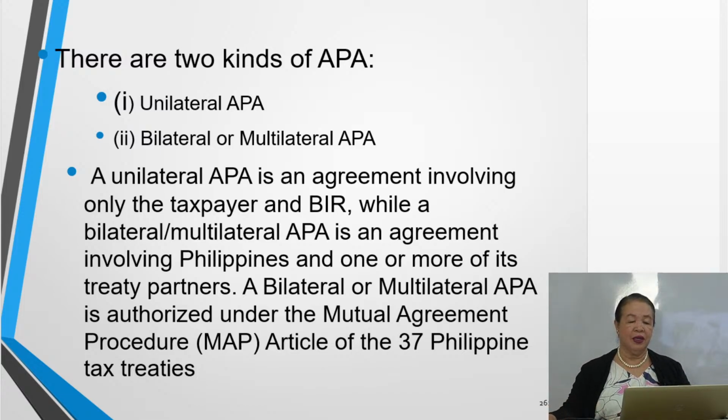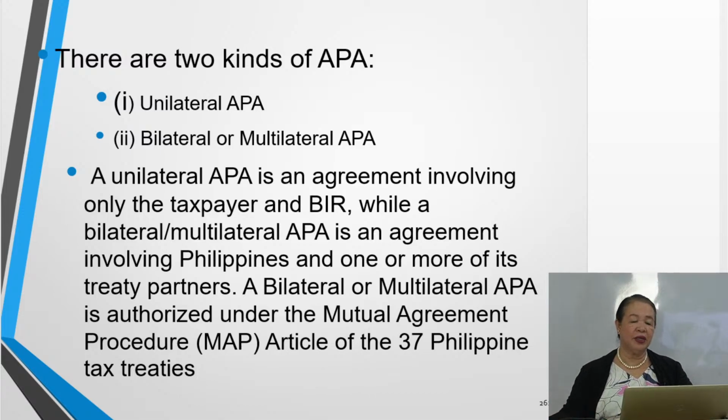No? Bilateral or multilateral APA is authorized under the Mutual Agreement Procedure, article of the 37 Philippine tax treaties. No? 37 tax treaties pa lang noon, pero ngayon 43 na yung Philippine tax treaties with other countries. No?